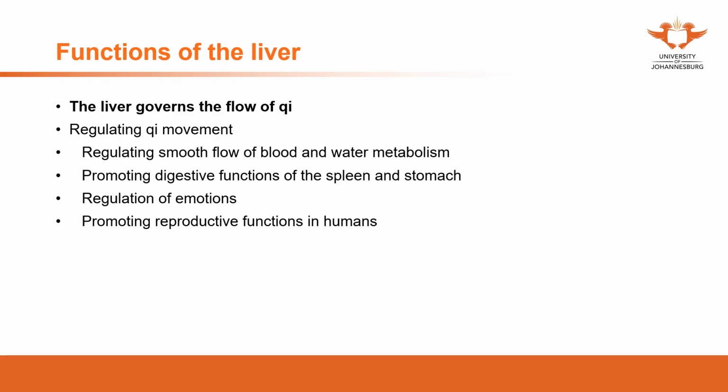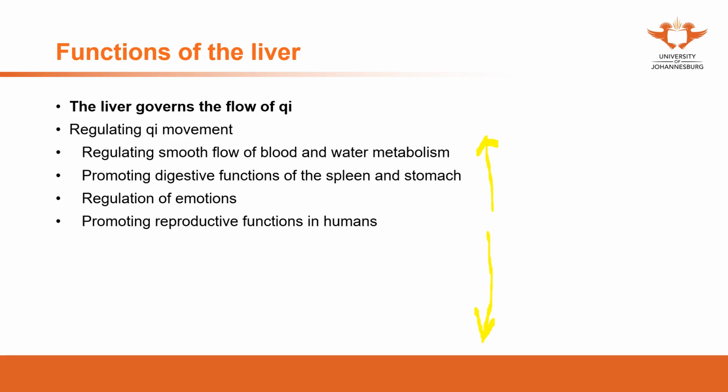For instance, previously we said that one of the functions of the spleen is the transportation and transformation of food and water. The clear parts of the food or the water are transported upwards, and the cloudy parts are transported downwards. In this process, something is moving upwards while the other is moving downwards.